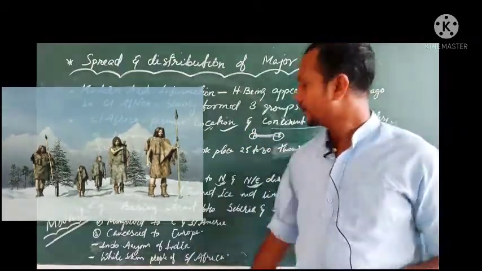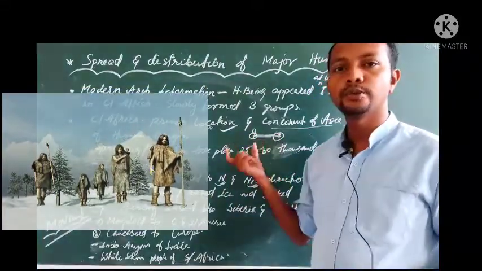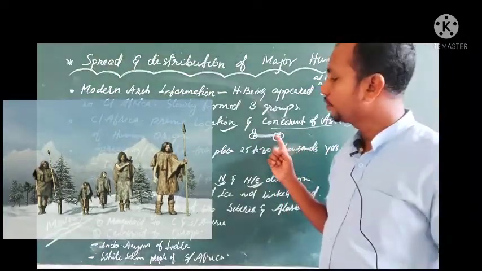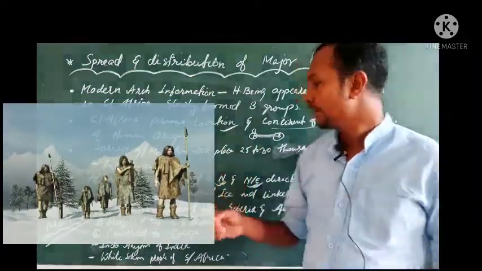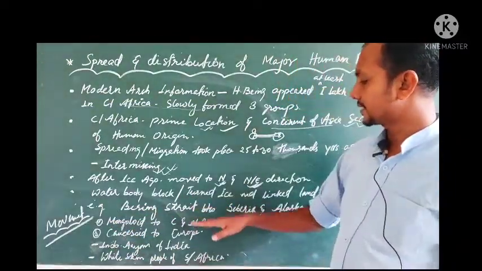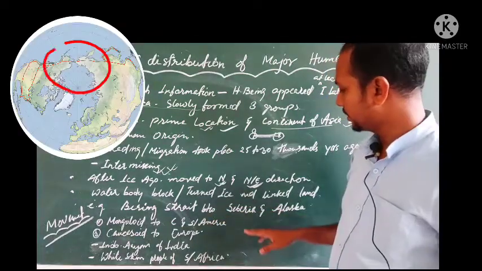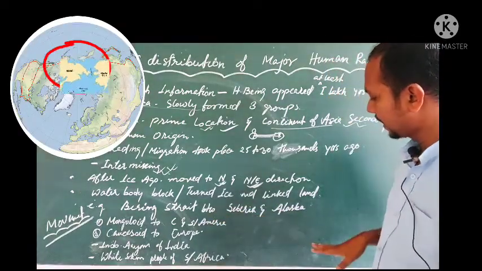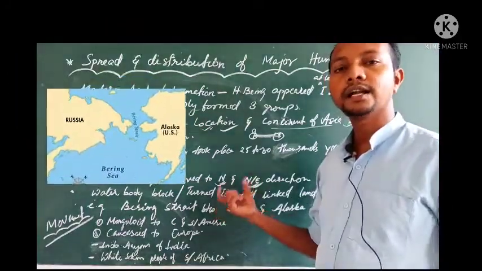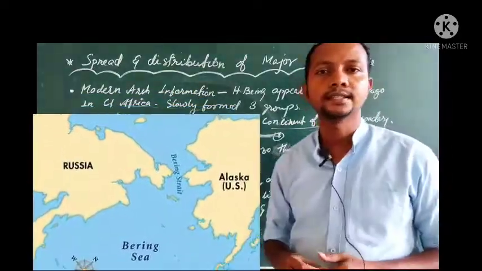So the water body served as a bridge between the two land bodies, and people could move from one place to another easily. One example given is the Bering Strait, between Siberia and Alaska. That also had turned into ice, and people could use it as a passage.